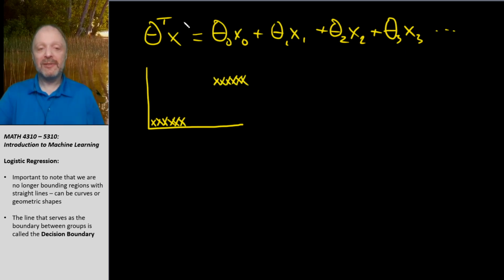What the theta transpose x is going to be doing in logistic regression is not trying to fit a line that fits the data the best. We want to fit a line that divides the data the best into the two groups. So we want a line that will separate the two groups. This line is called the decision boundary.